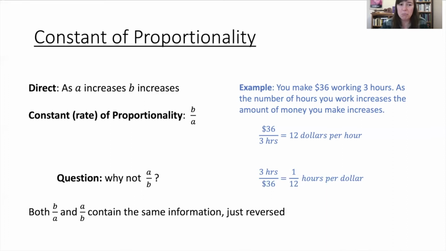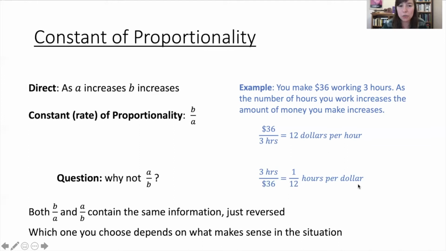So actually, both B over A and A over B contain the same information. Both of them are telling you the relationship between the two quantities. The information is just reversed. Here, they're telling you how many dollars you make in an hour, and here it's telling you how many hours you need to work to make $1.